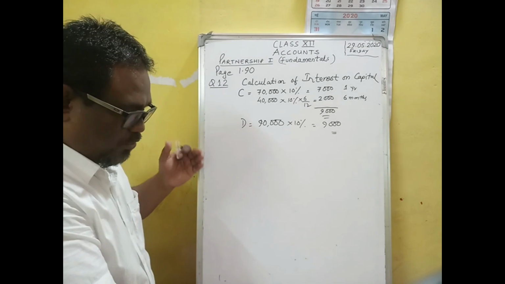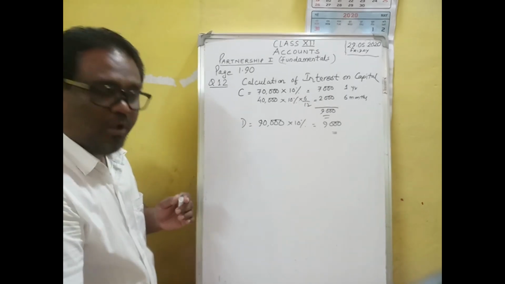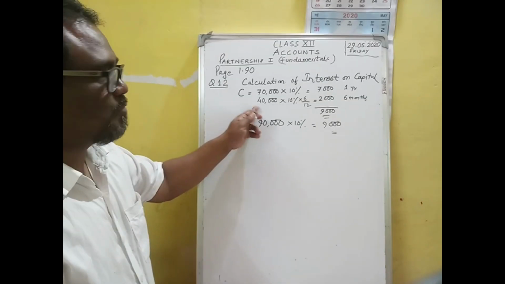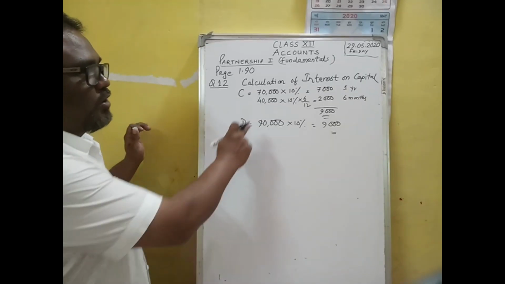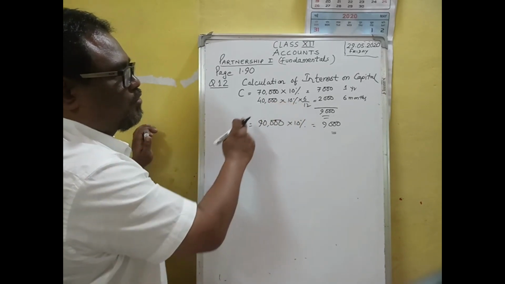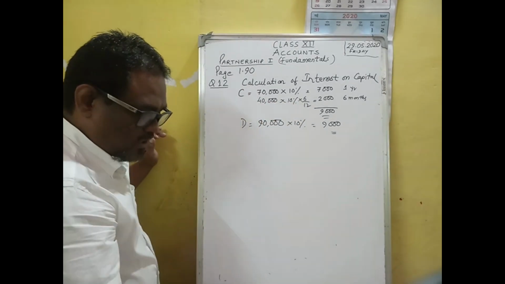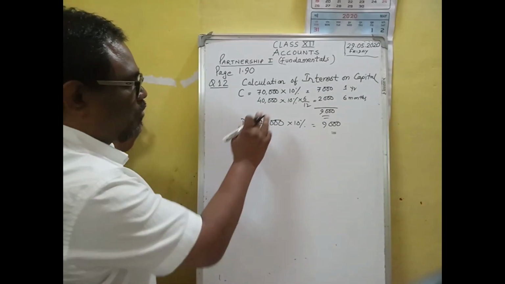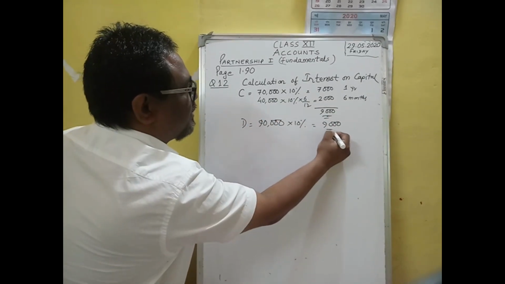C introduced additional capital on 1st October 2012, so 40,000 for 6 months interest. So 70,000 is the starting capital on 1st April 2012 and 70,000 at 10% interest is 7,000. So this is the interest on capital of C and this is the interest on capital of D.